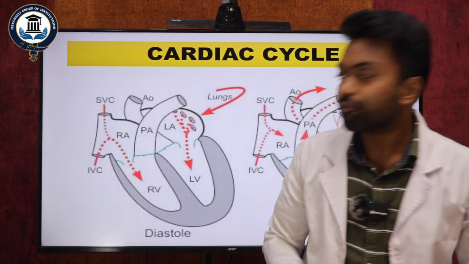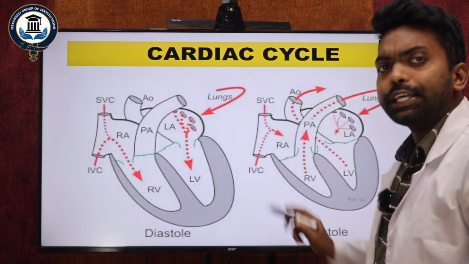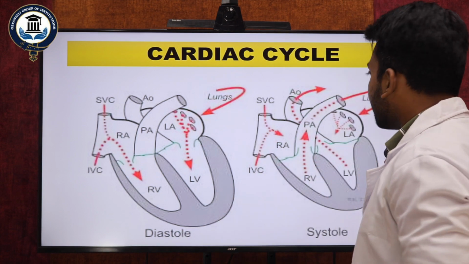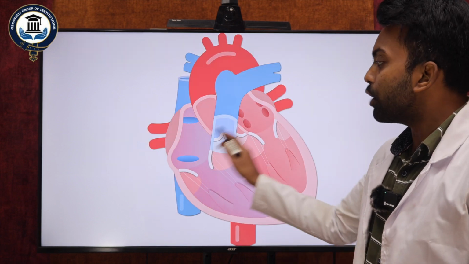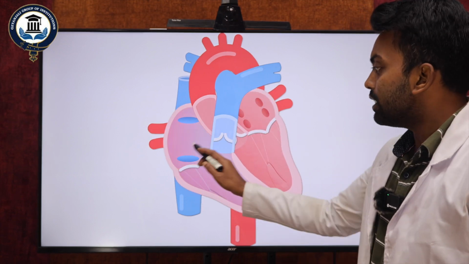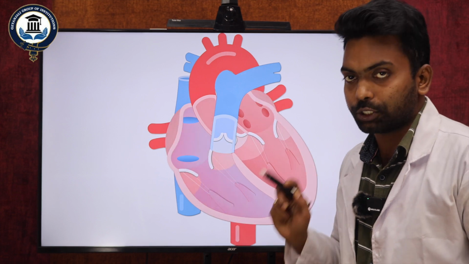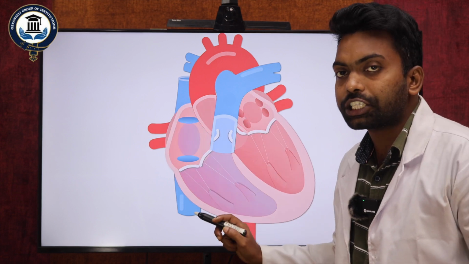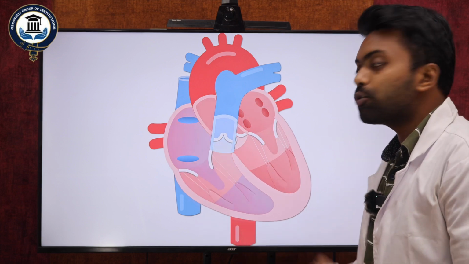As you can see in the video, this is the diastole movement and this is the systole movement. The cardiac cycle is a sequential, simultaneous process. The upper two chambers, the both atriums, when they go into systole, that is contraction, simultaneously both ventricles relax.